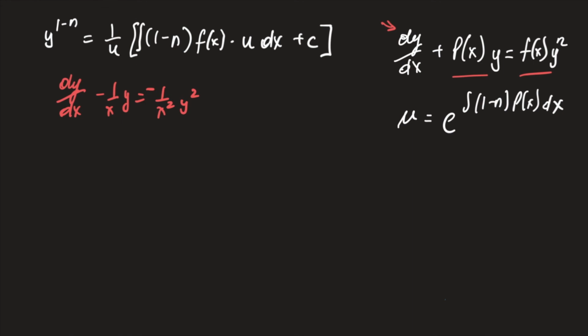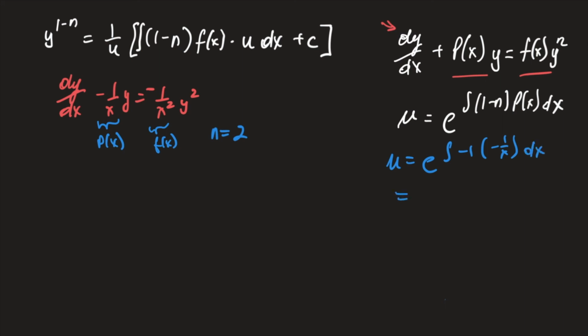Now let's identify what we have in this equation. We have negative 1 over x being my p of x, and I have negative 1 over x squared being my f of x. And n is 2. So to find the integrating factor, I have e to the integral of 1 minus n, which is 1 minus 2, which will be negative 1, times p of x, negative 1 over x, dx.